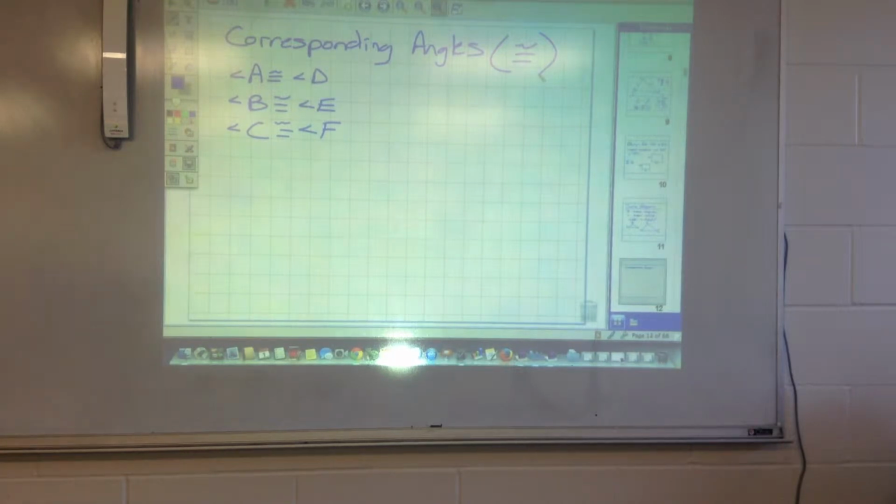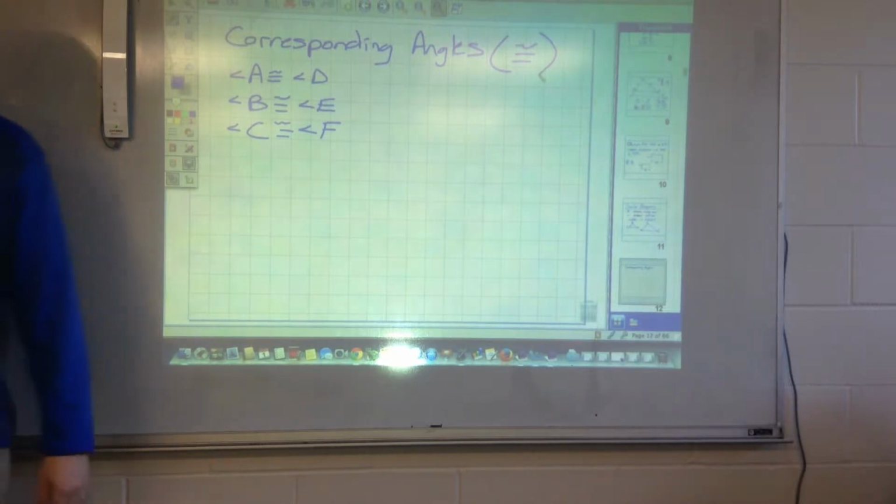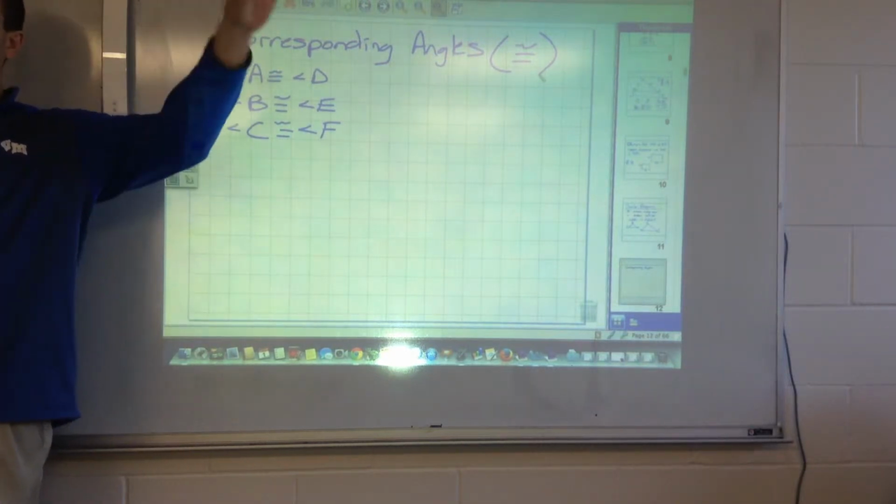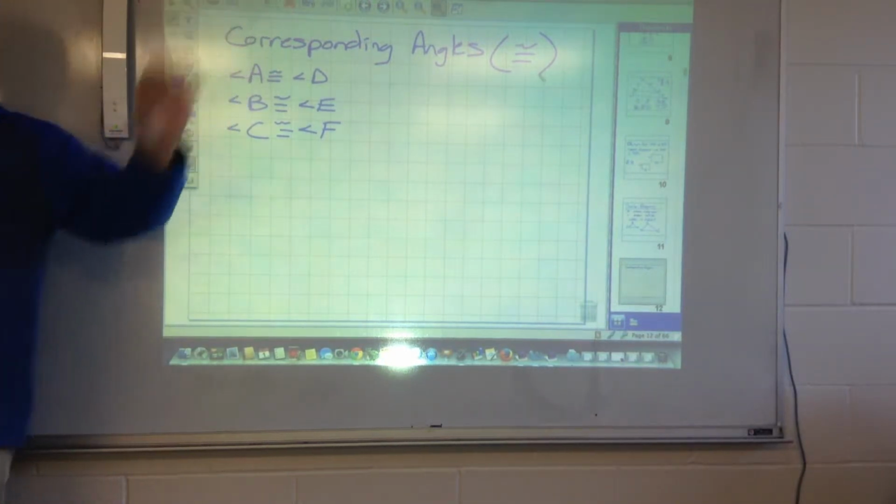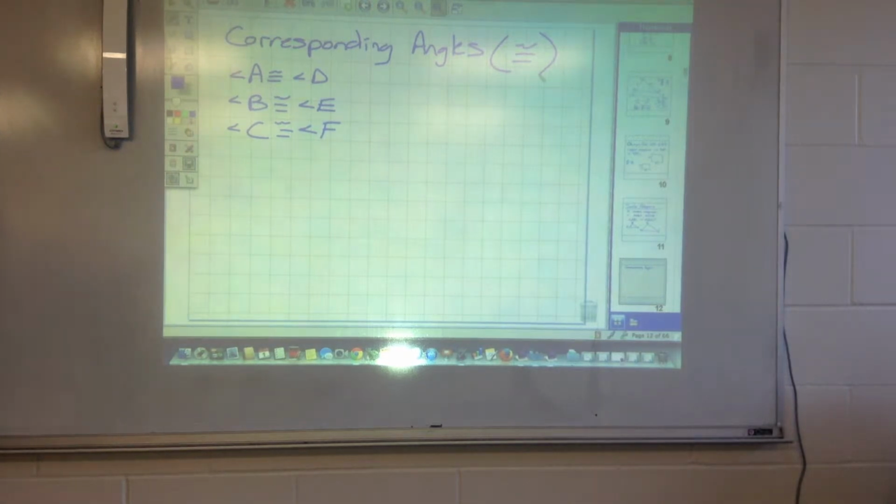Right? Anytime figures are similar, if I tell you this figure is similar to that figure, you know that all the angles in the first polygon have to match or be congruent to all the corresponding angles in the second polygon.